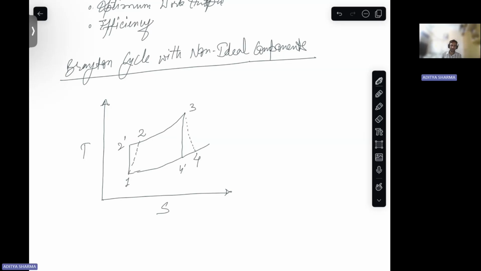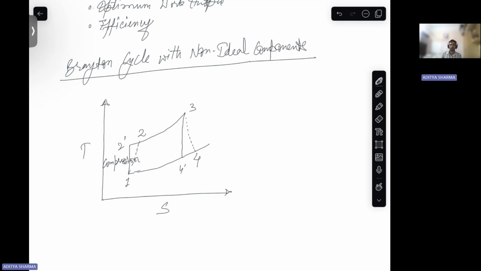If you see compression, ideally it has to be isentropic from 1 to 2 dash, but in non-ideal cases, it is not like this. The path is from 1 to 2, which is not isentropic.